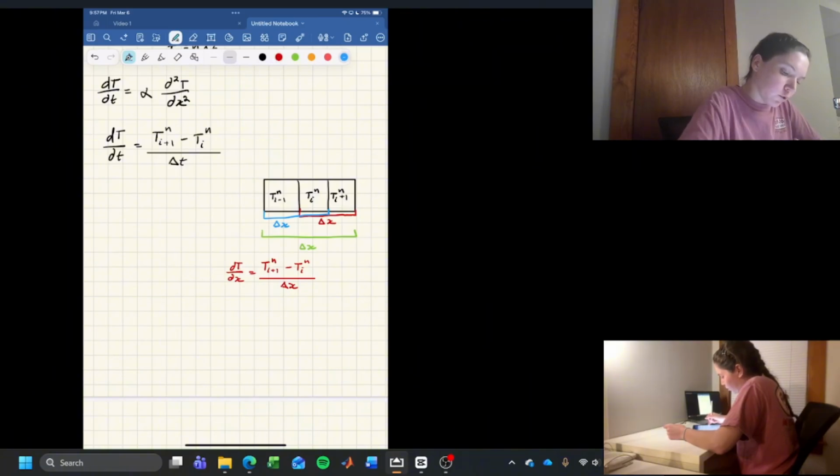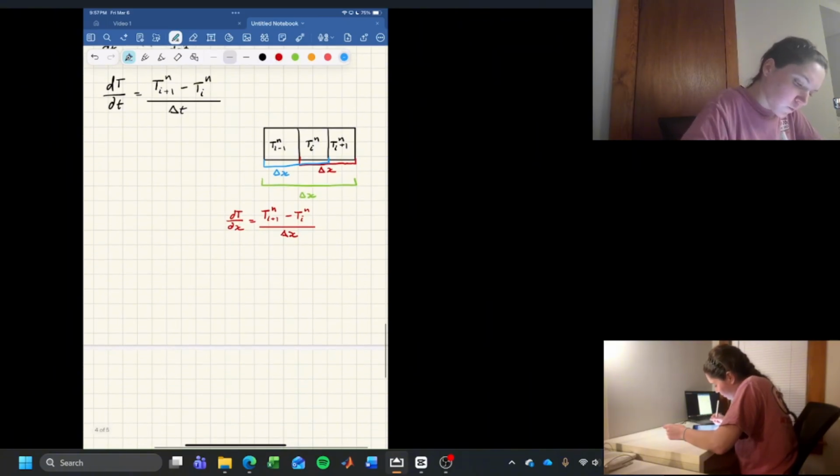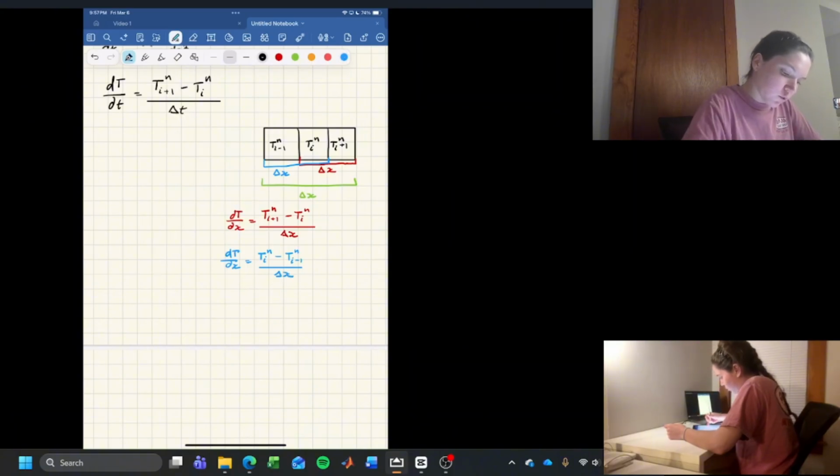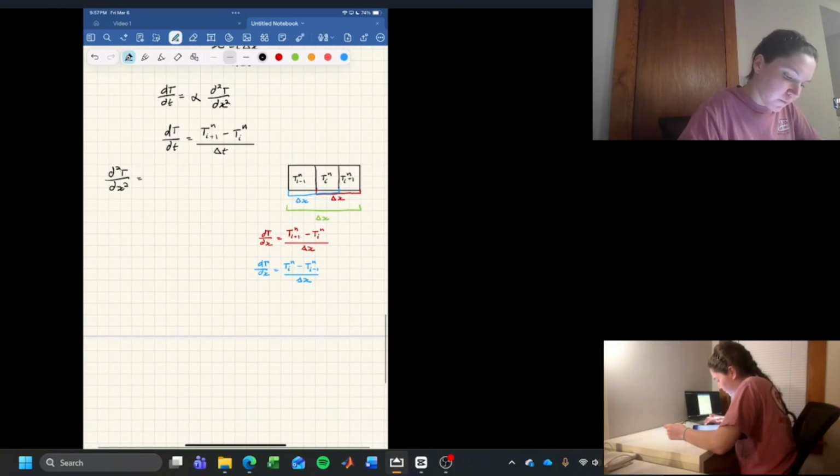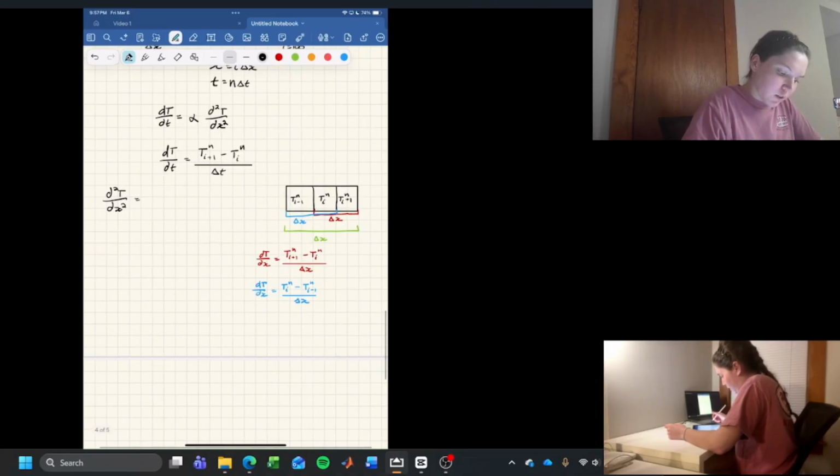We can do the same thing for the blue term, but it would be temperature of i minus the temperature of i minus 1 over the change in position. So we can write this all together, and this is going to be the second derivative of the change in temperature over change of position.